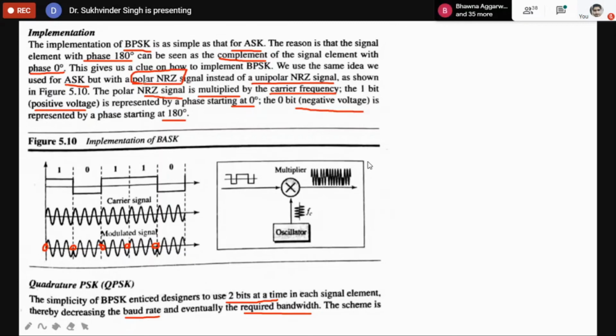That's why it is called polar NRZ. In case of frequency shift keying, we talked about the unipolar NRZ, where the data element does not cross the x-axis, whereas in phase shift keying, we take the polar NRZ coding scheme.